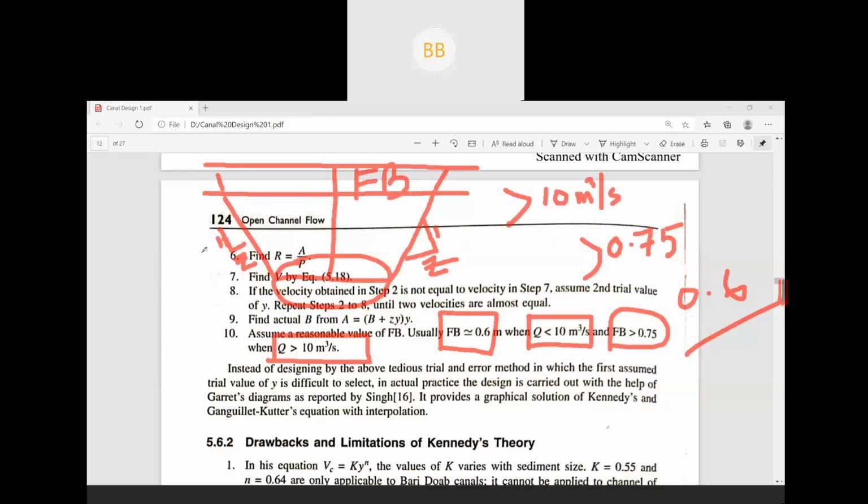If the design discharge for which we have designed this particular channel is less than 10 meter cube per second, then the freeboard we are going to provide is 0.6. If it is greater than 10 meter cube per second, then we have to provide a freeboard of 0.75 or greater than 0.7.